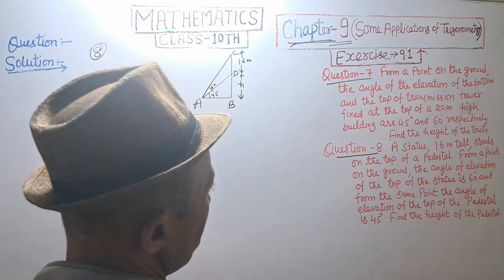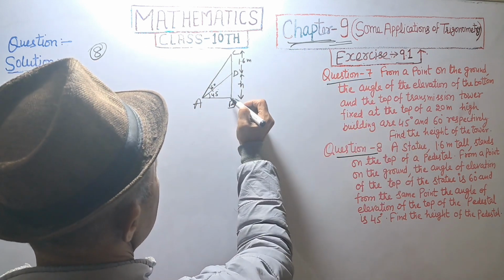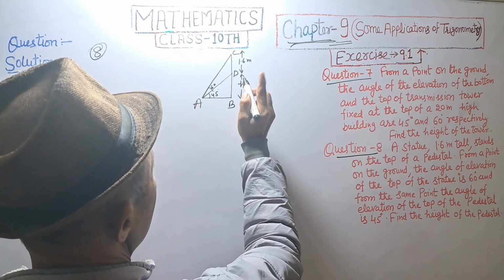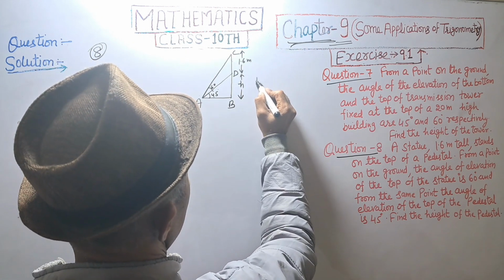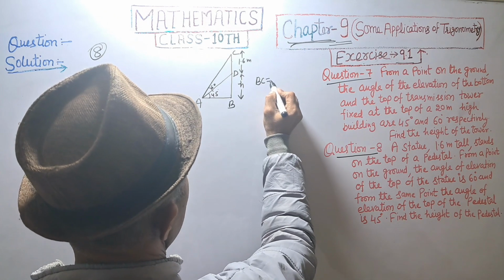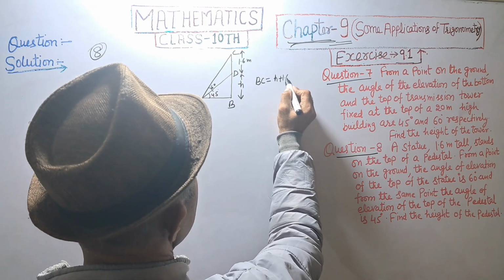H. We want to find the height of the pedestal, that is BD. BD is equal to h, and total height BC is equal to h plus 1.6.